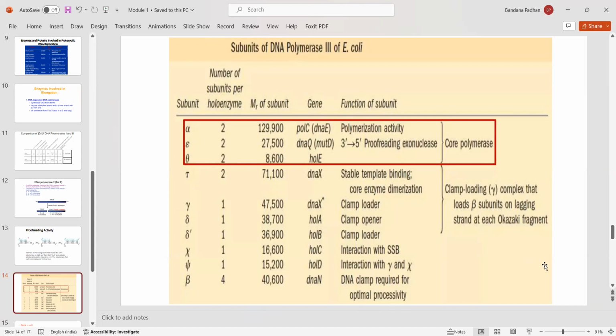Chi is generally useful for interacting with the single-stranded DNA, recognizing the site for binding of DNA polymerase, and starting the DNA replication. Whereas psi is helpful for interaction with the gamma and chi subunits.